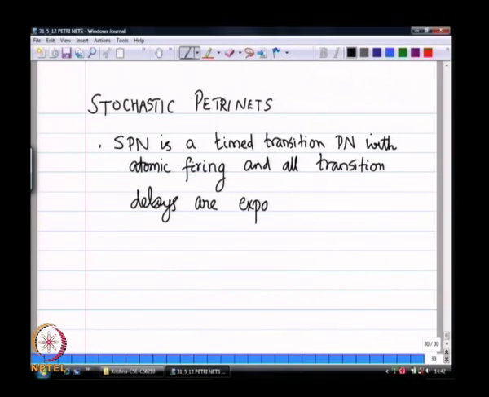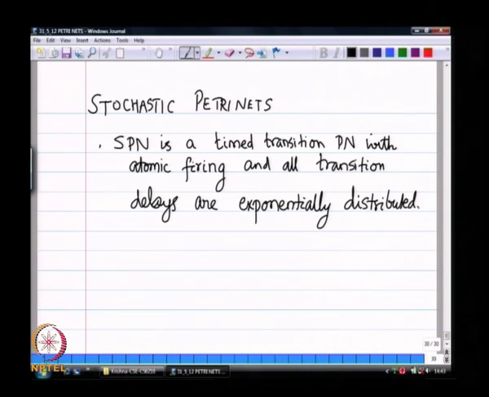Exponential, right, or convenient. So all the transition delays are negative exponentially distributed. So that is a special class of Petri nets. It includes delays for transitions, and the delays are all distributed with some exponential distribution, okay.